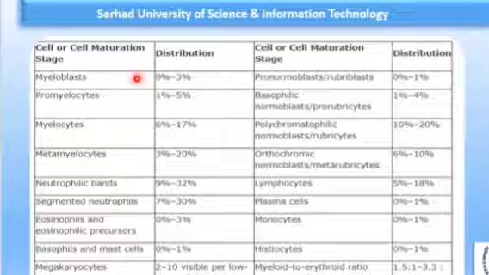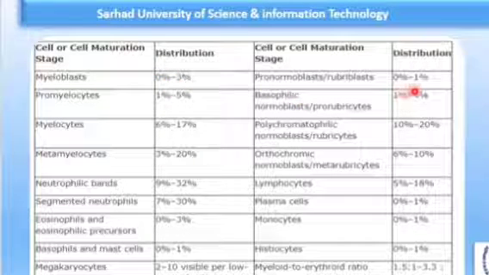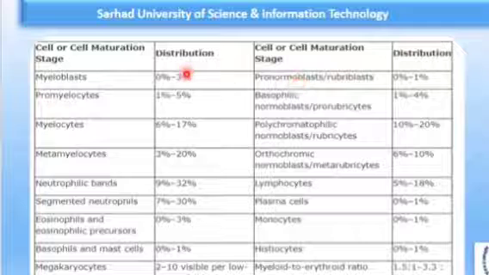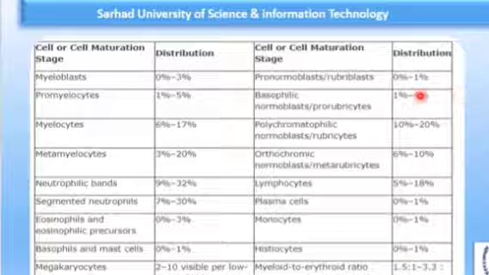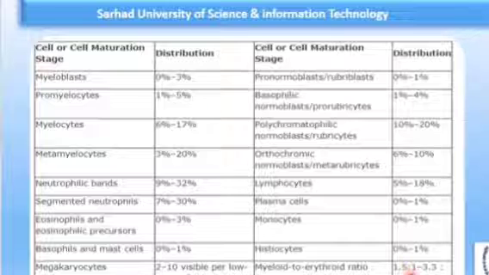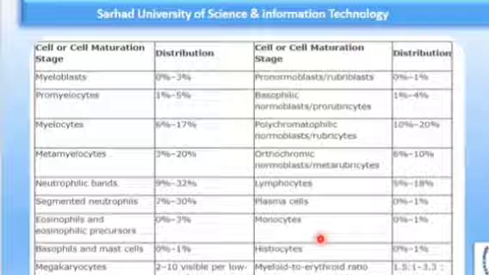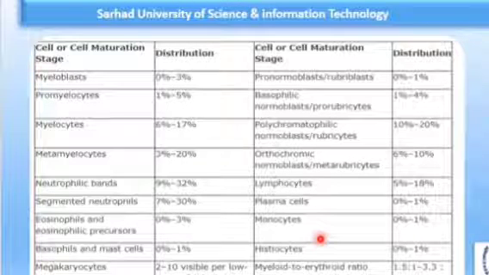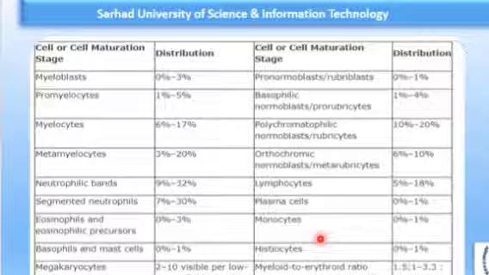If you are looking here, myeloid cells are 0 to 3% and pronormoblasts are 1%, so it becomes a 3 to 1 ratio. Myeloblasts are more than erythropoietic cells, so the ratio is 1.5:1 to 3.3:1. These are the normal values of all the cells which are present in the bone marrow.